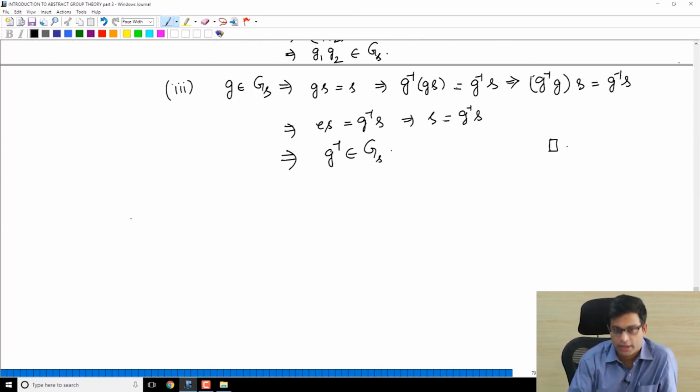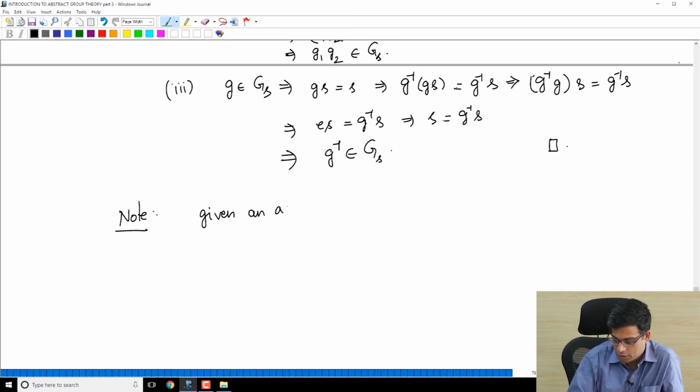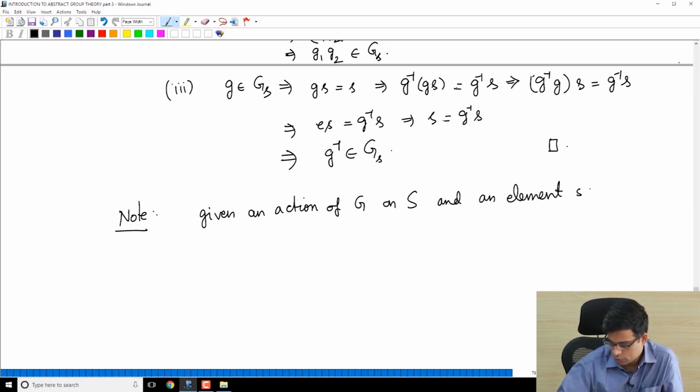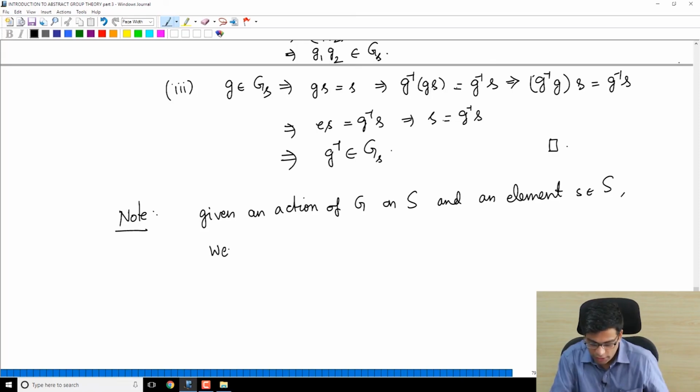So I want to make this important note here. Given an action of G on S and an element small s in capital S, we have two things.